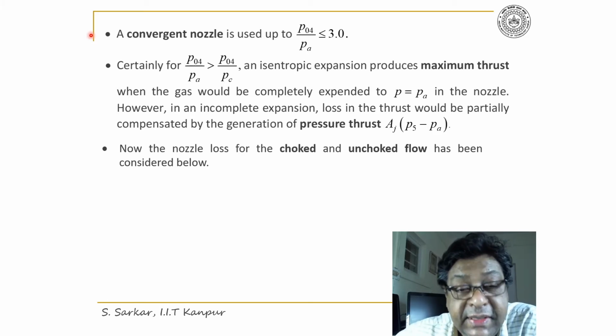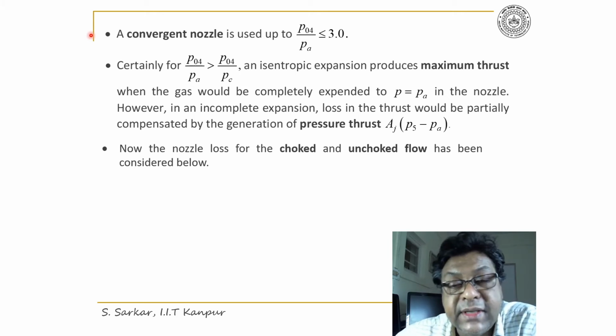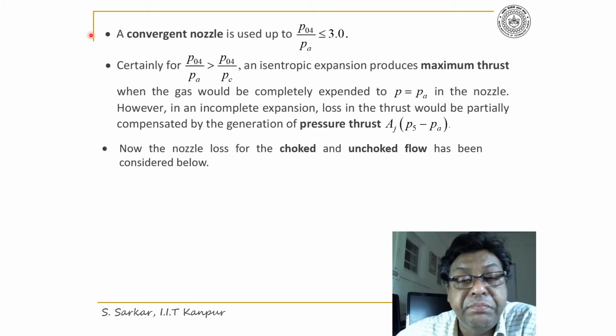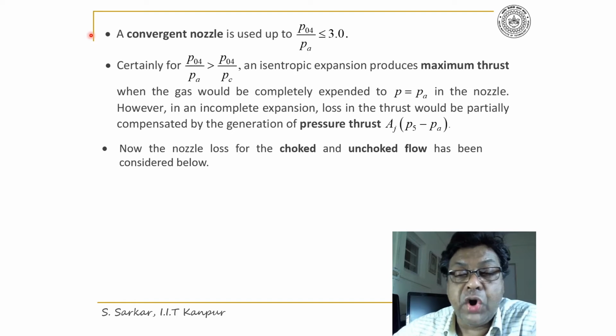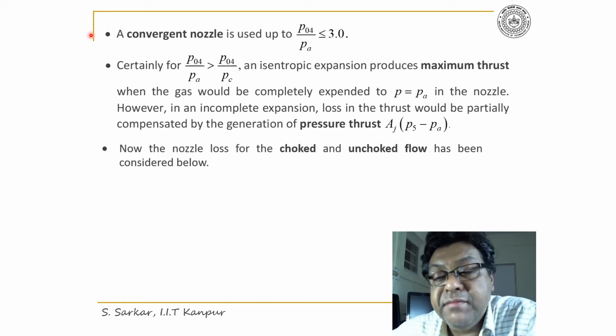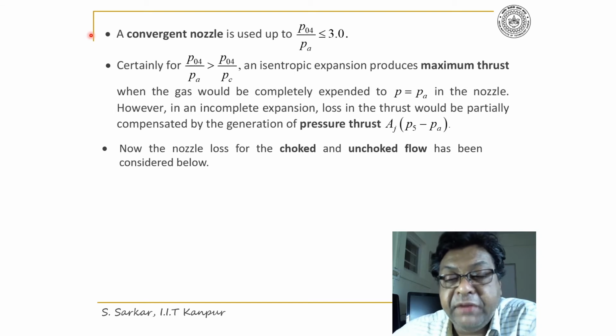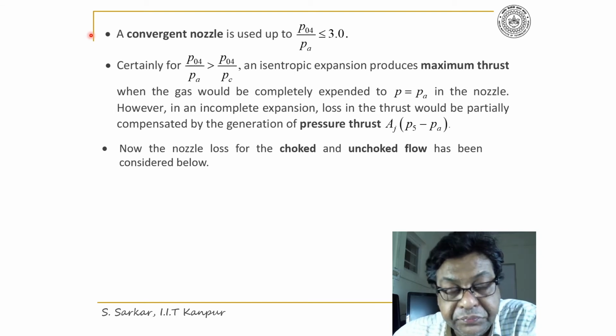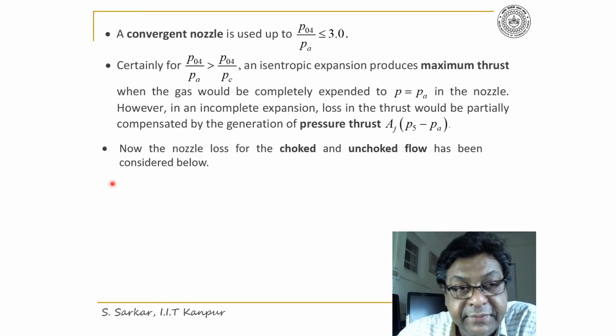However, in an incomplete expansion, the loss in thrust would be partially compensated by generation of pressure thrust, that is Aj into (P5 minus Pa), because here P5 would be greater than Pa. Now, the nozzle laws for the choked and unchoked flow would be discussed in the following pages.